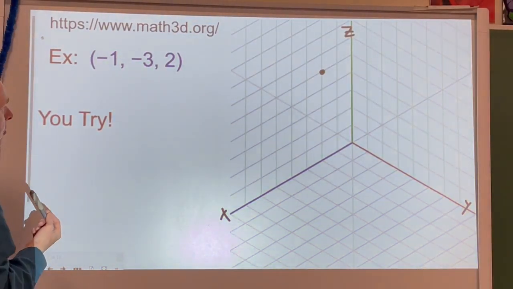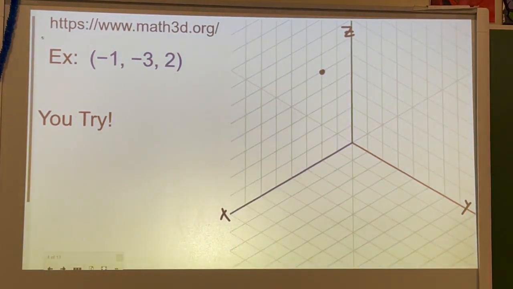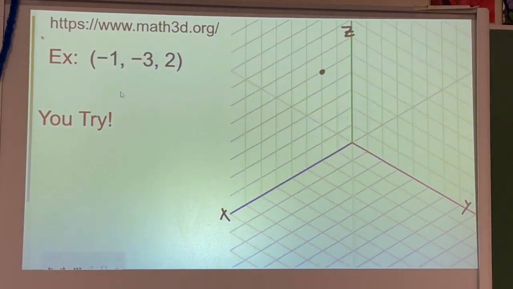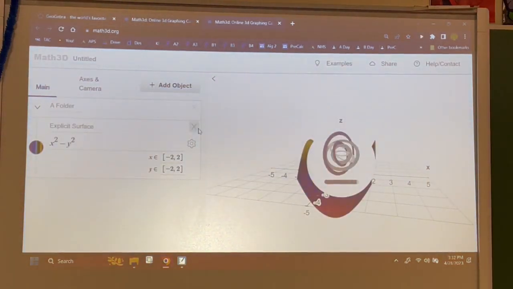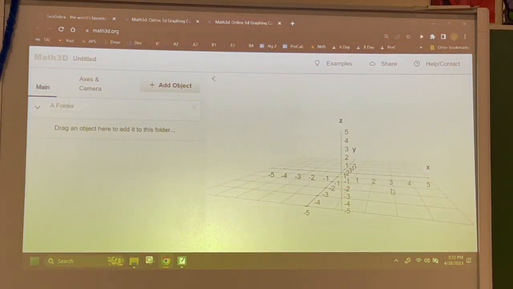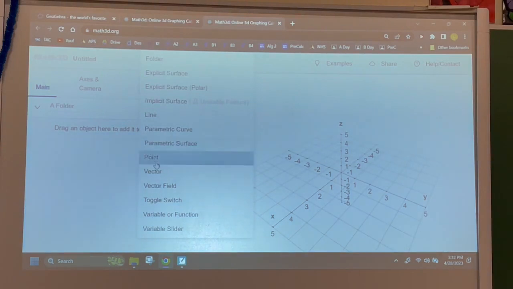How about you give it a shot? Let me draw that one on Math 3D. And then when you're done trying yours, you can try your point that you graph on Math 3D also. So I'm going to go to math3d.org, clear out my explicit surface, rotate as needed so I can see what's going on, and add my point.